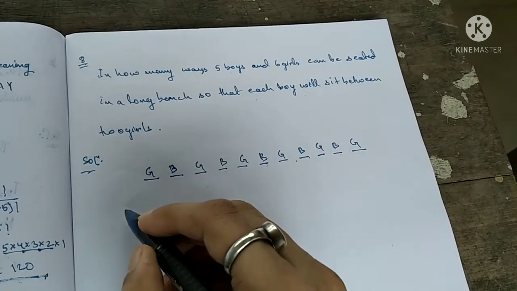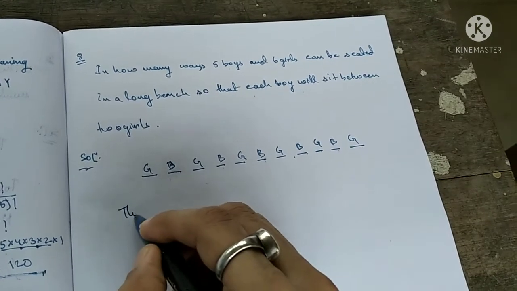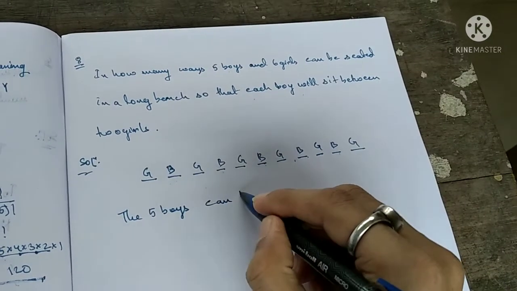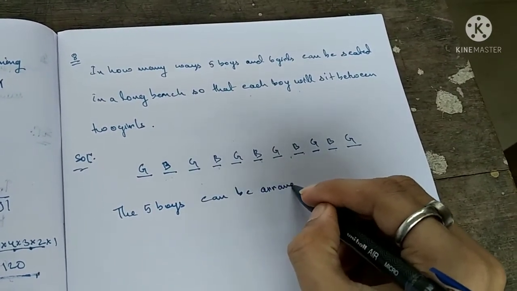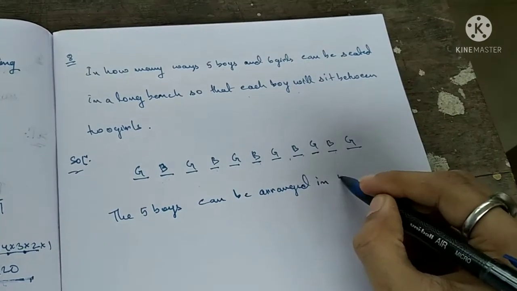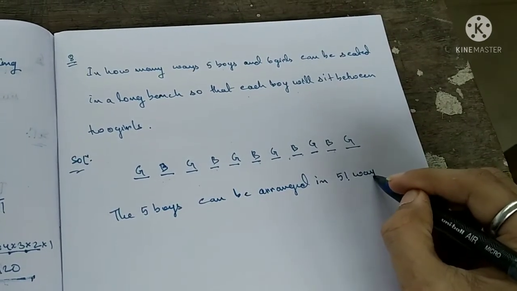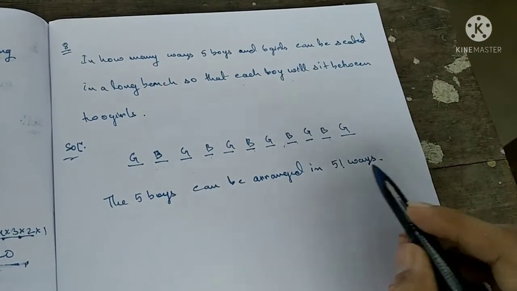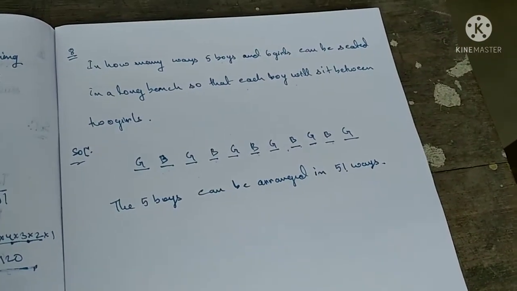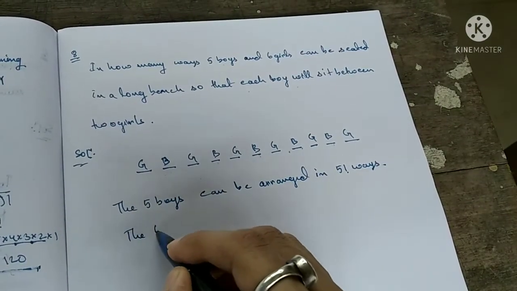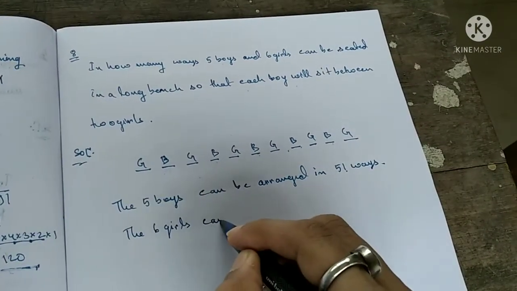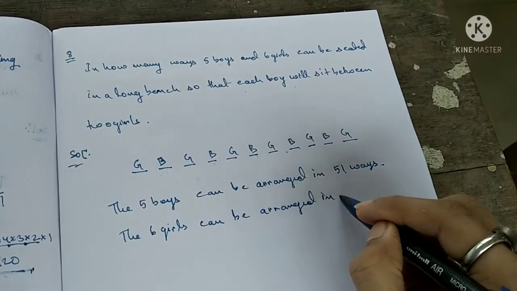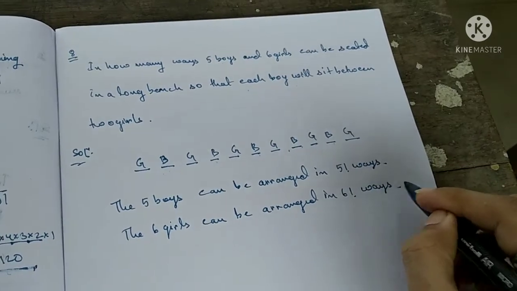Therefore I will write: the 5 boys can be arranged in 5 factorial ways, and the 6 girls can be arranged in 6 factorial ways.